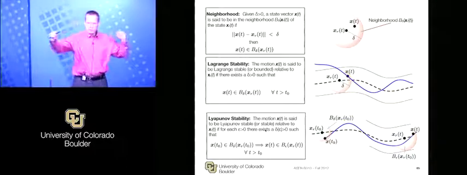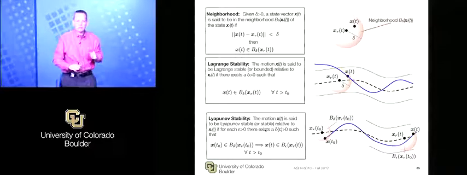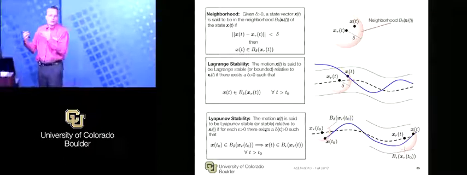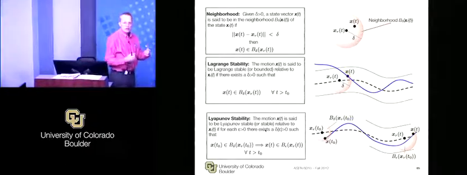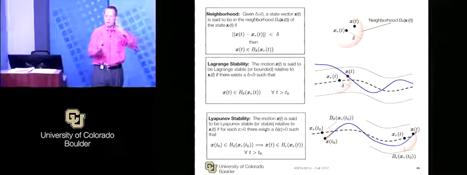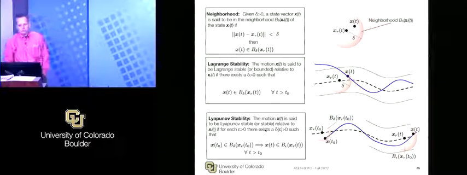You can make this arbitrarily small, but once you let go, it'll never converge to 0, right? That's essentially what Lyapunov stability looks like. It's like a spring mass-like stability guarantee. I will get within some region where I can guarantee this, but I won't ever converge.